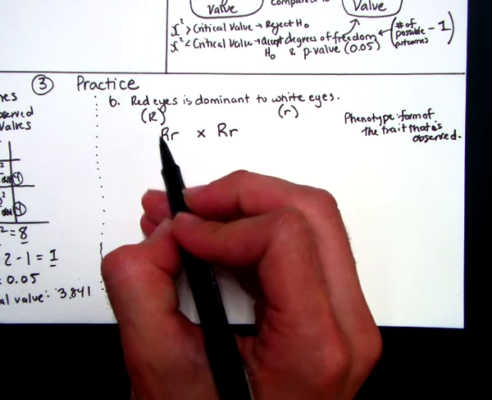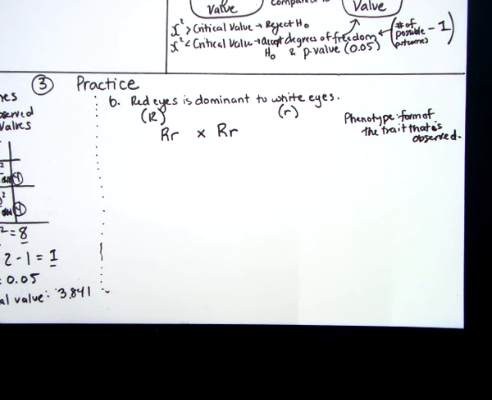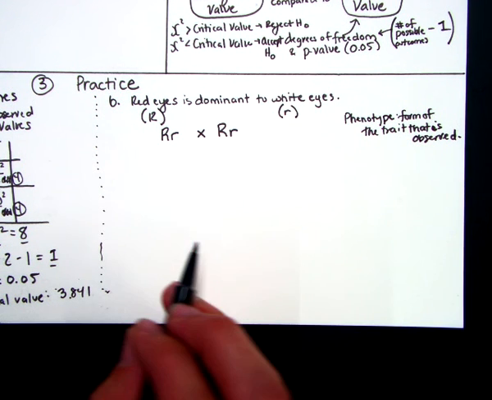Okay, so the genotype for these two is heterozygous. The phenotype is both red. This is also referred to as a monohybrid cross.